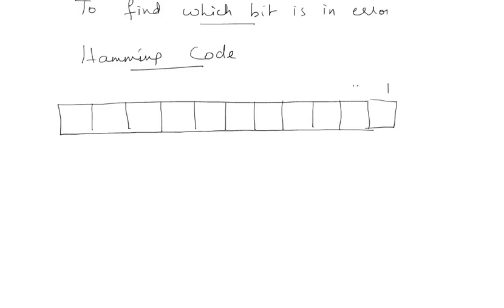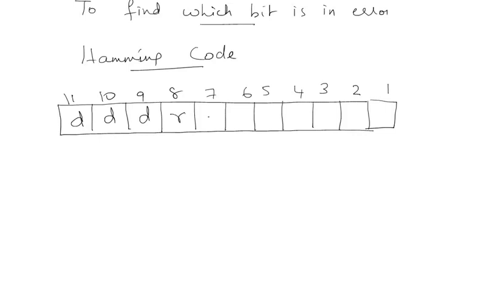So starting from here, write the number of bits 1, 2, 3, 4, 5, 6, 7, 8, 9, 10 and 11. Out of these, this is the data bit position, this is also a data bit, this is a data bit. This is the redundant bit position.